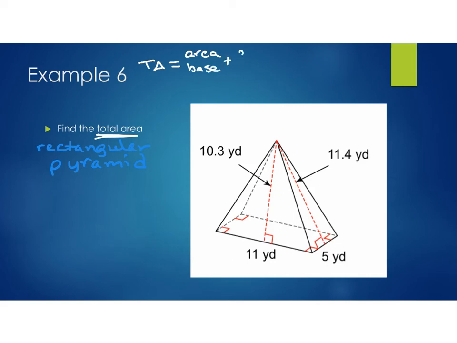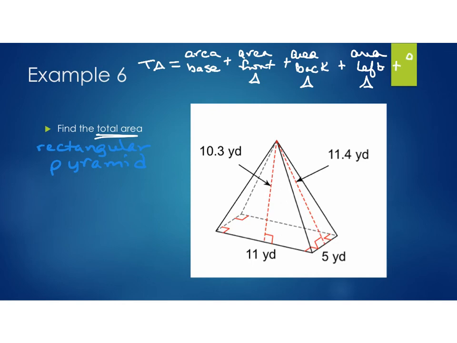I'm going to add it to the area of the front triangle. I'm going to add it to the area of the back triangle. I'm going to add it to the area of the left triangle.